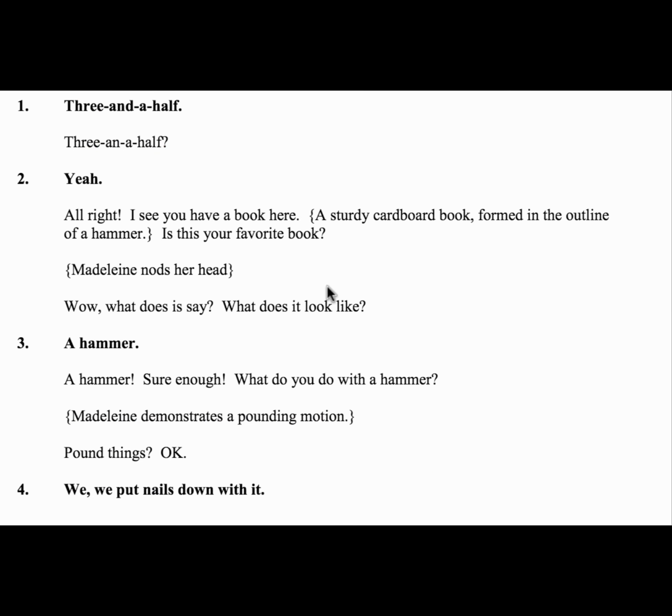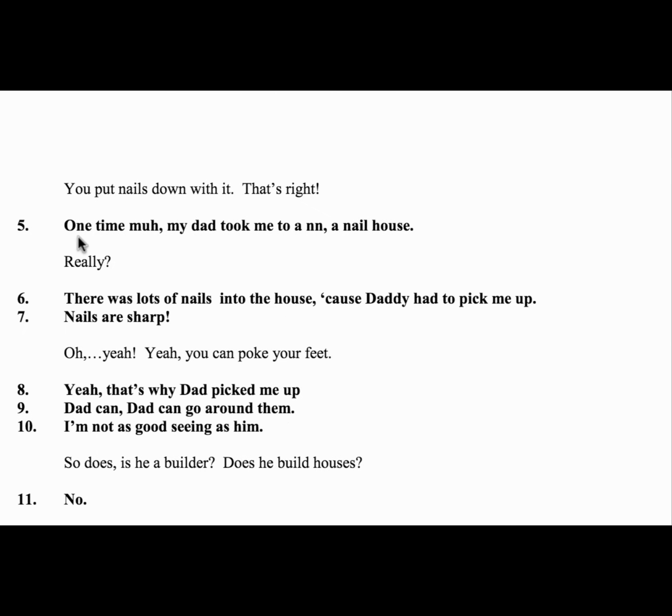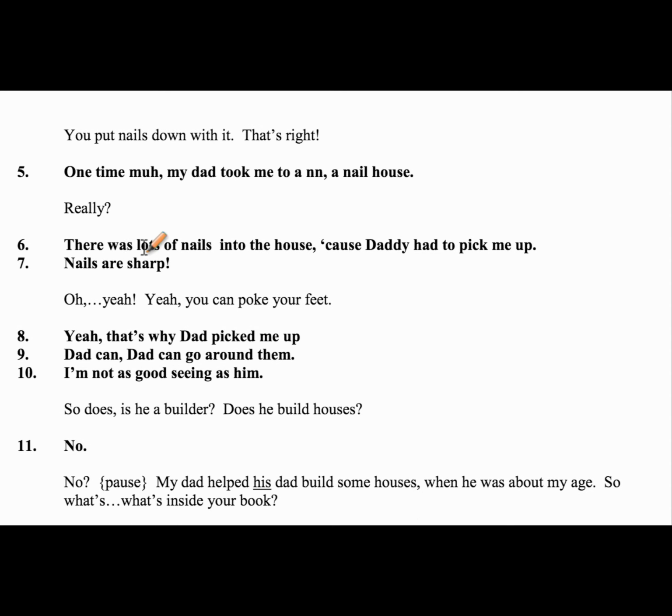So just to real quick calculate an MLU, we have 4 in this one, 5, 6, 7, 8, not that one, 8, 9, 10, 11, 12, 13, 14, 15, 16, 17, 18, 19, 20, 21, 22, 23, 24, 25, 26, 27, 28, 29, 30, 31, 32, 33, 34, 35, 36, 37, 38, 39, 40, 41.